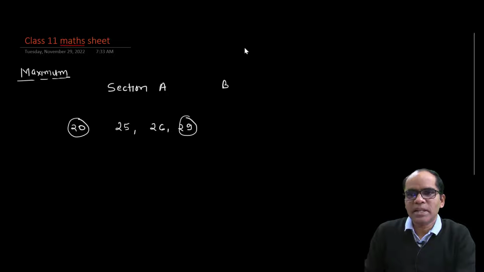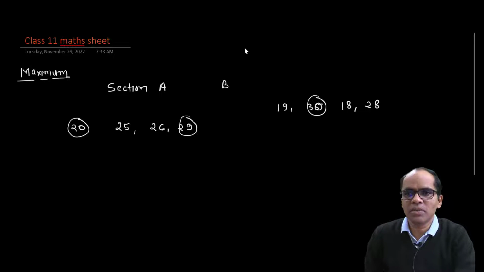Suppose there is another section B and students scored out of 30, like 30, 18, 28, like this. So in this section, the maximum marks is 30, and the least marks is 18. The lowest marks is 18.